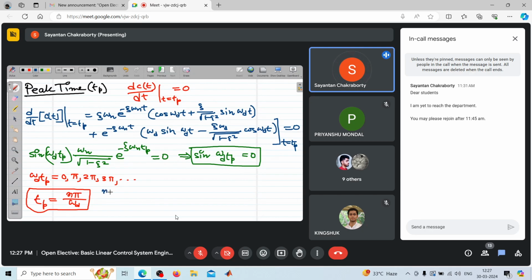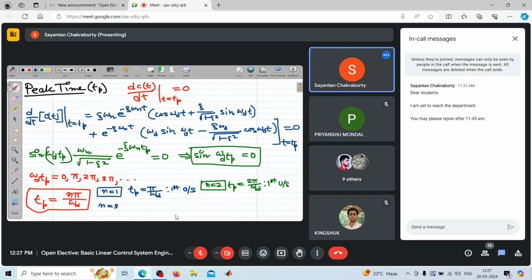Say for n equal to 0 there will be no overshoot because that is the starting point. For n equal to 1, Tp is equal to pi by omega d, first overshoot, right? For n equal to 2, it is 2 pi by omega d, and this is first undershoot.